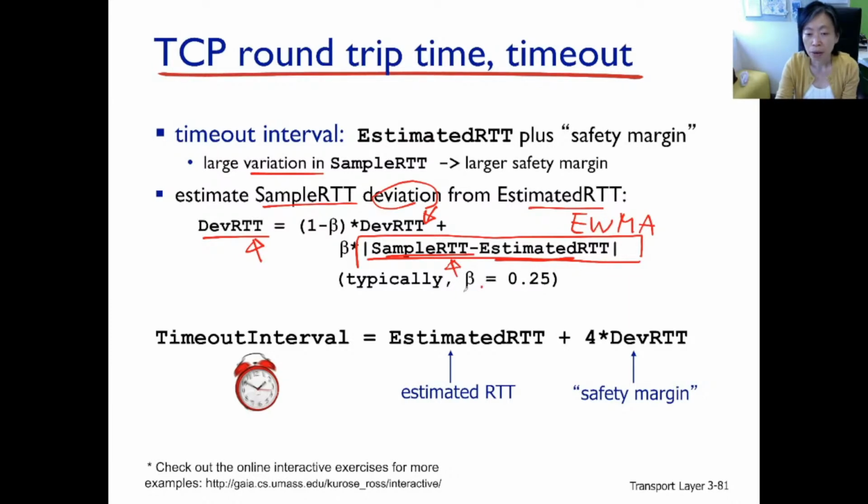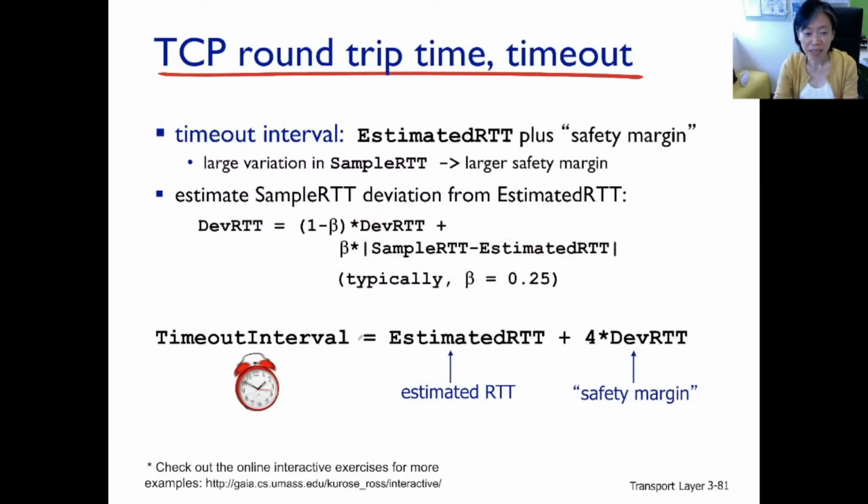The only thing left is the beta factor, and it's also set to a small value so that we weigh less on the instantaneous deviation. As to why it's 0.25, not 0.2, not 0.125, these alpha and beta values are usually given because people have been using these values and they seem to work out fine. And engineers later on will just borrow the same setting.